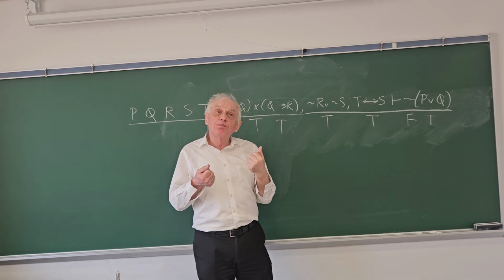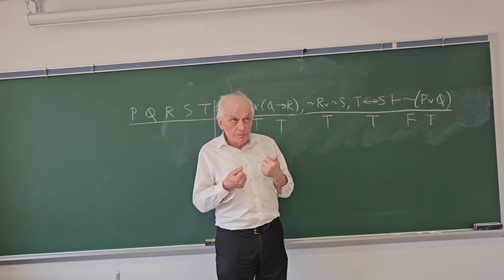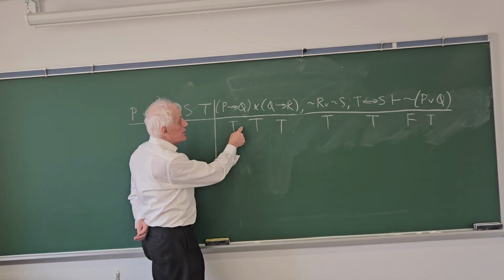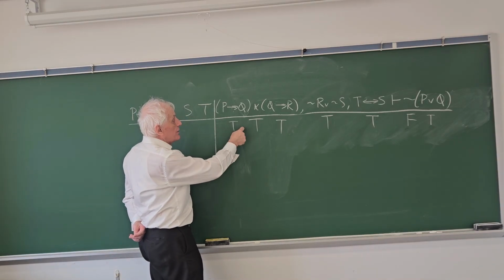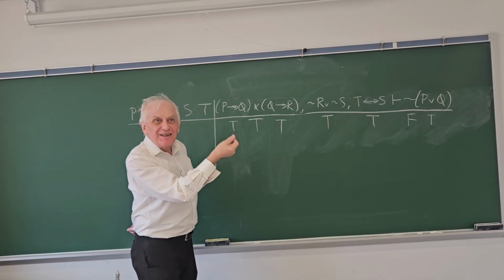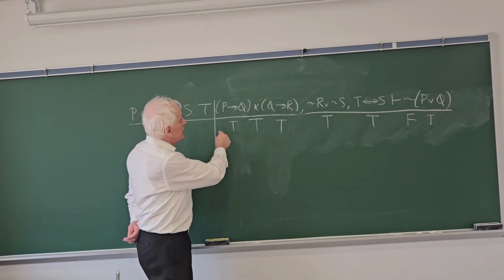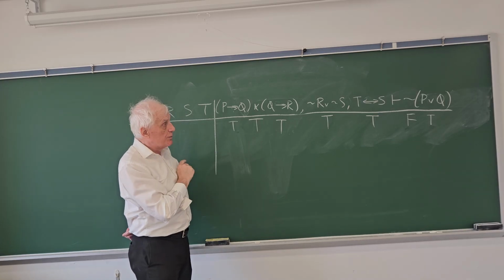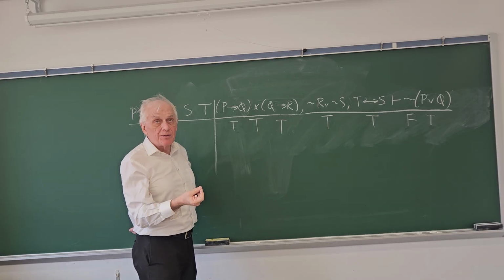Well, now suppose P is true. Then we'd have a true antecedent here, and so we must have a true consequent. So if P is making that disjunction true, then Q will also be true, because if P is true, Q is true from the left conjunct of the first premise. So Q's got to be true either way.